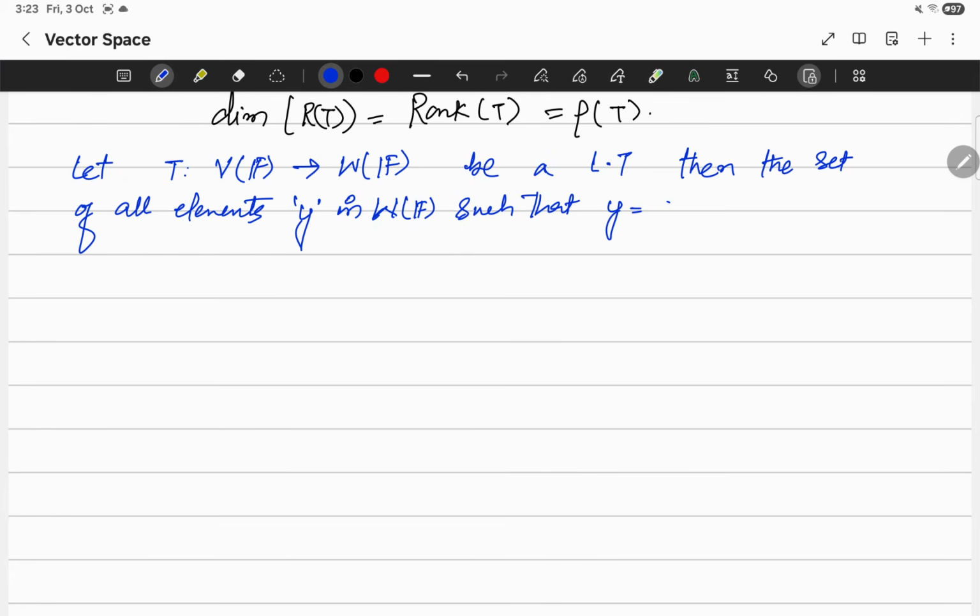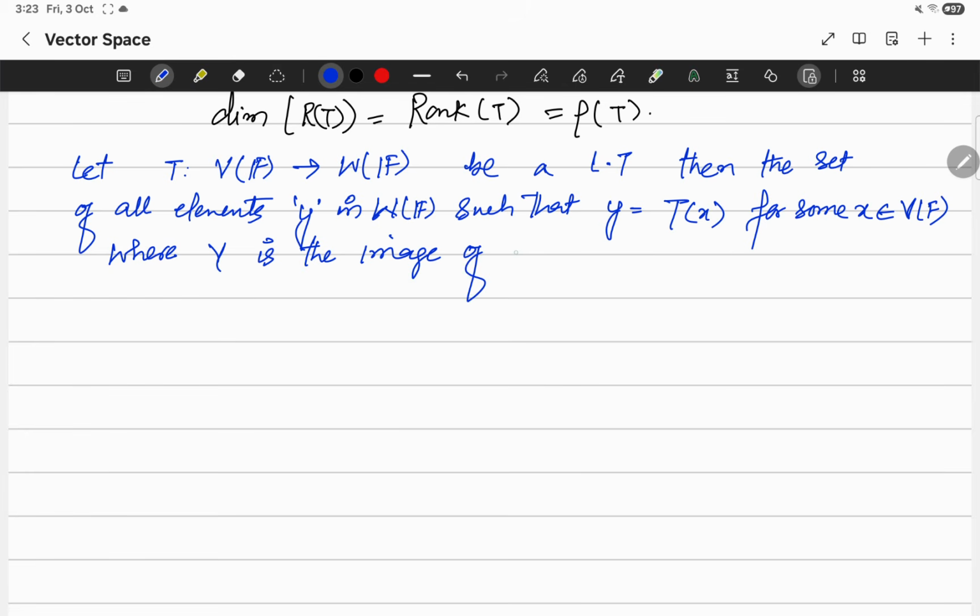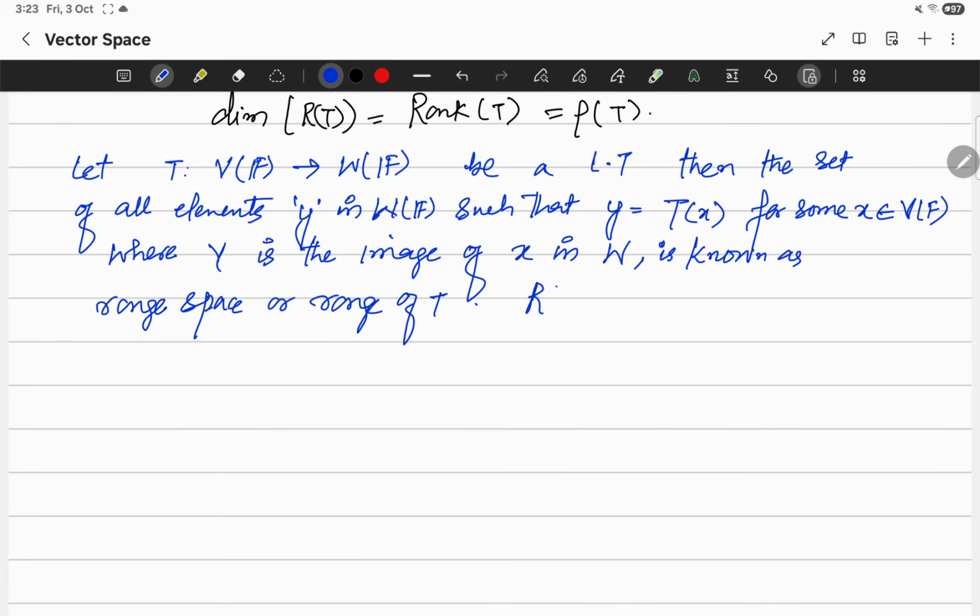That means Y is equal to T of X for some element X in your V over F, where Y is the image of X in W. So this we call the range space or range of T, and we denote it by R of T.